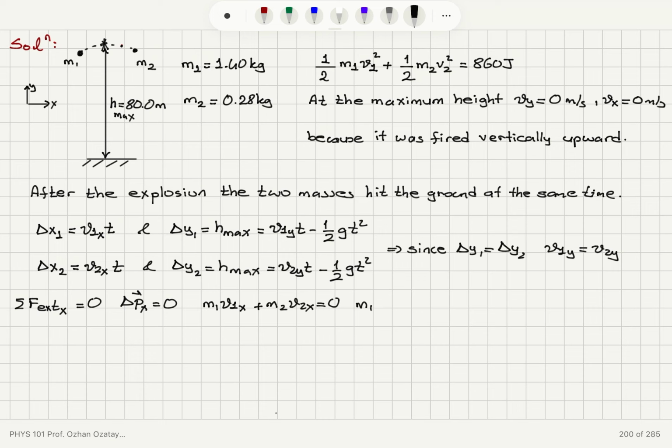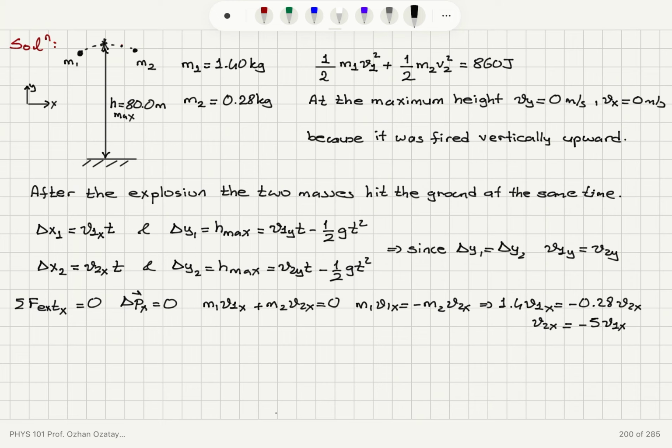So m1 v1x must be equal to minus m2 v2x. m1 is 1.4, so 1.4 v1x must be equal to minus 0.28 v2x. So we find that v2x is equal to minus 5 v1x. It's in the opposite direction.